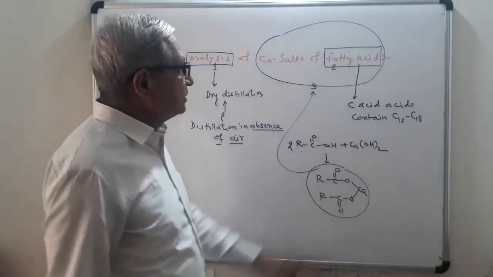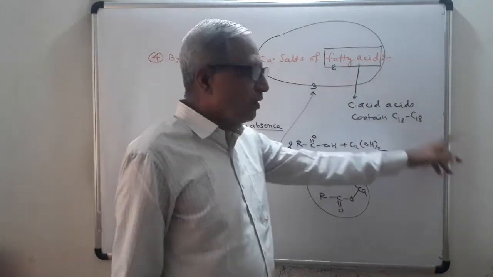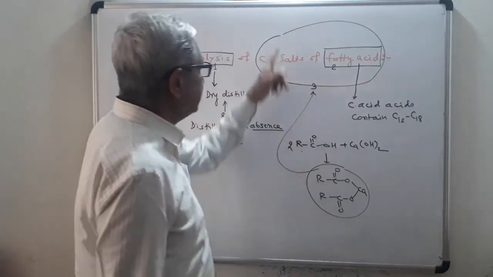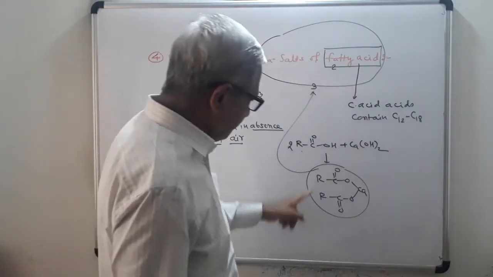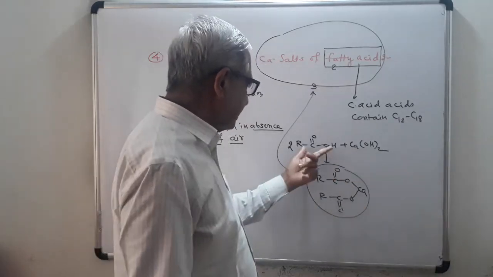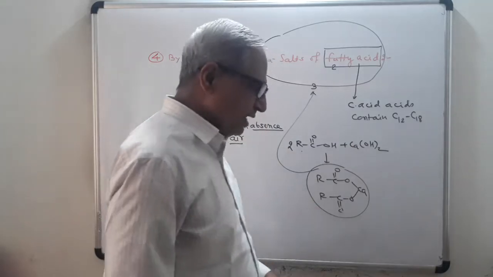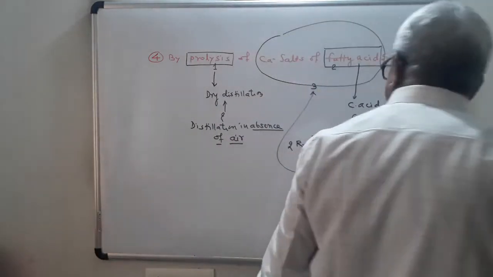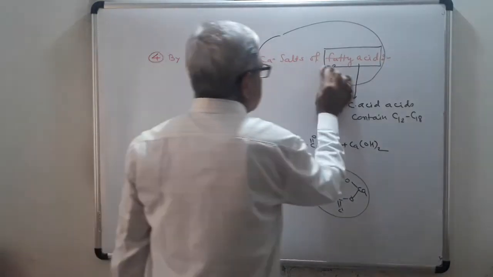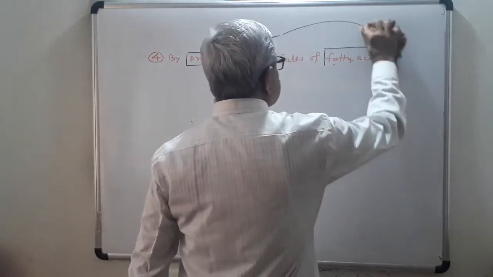Now, second question, fatty acid: the carboxylic acids containing a large number of carbon atoms, C12 to C18, are called fatty acids. The formula for calcium salt of fatty acid is (RCOO)2Ca. This is a neutralization reaction. Carboxylic acid is treated with calcium hydroxide, and you will get the calcium salt of fatty acid. So the primary part is completed on the title. Now I will start the reaction here.